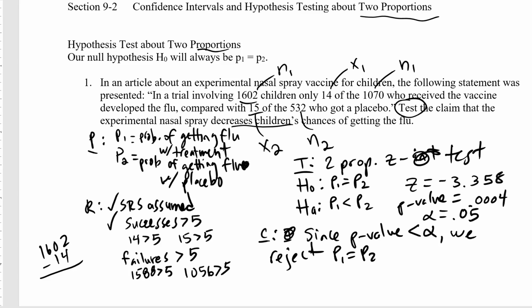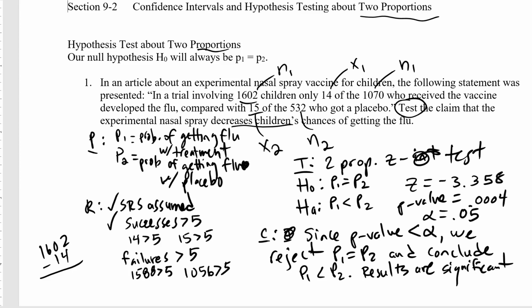We reject that they're equal and conclude that the first group is significantly less than the other one. Our results are significant. That's how you do two proportions. Let's try a couple more.